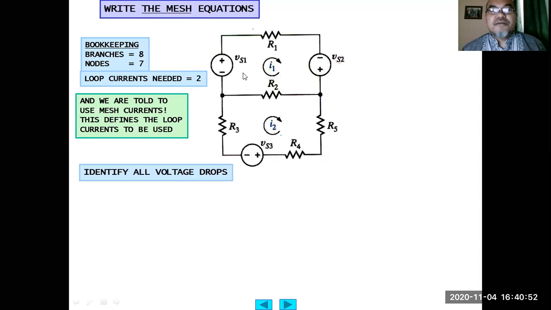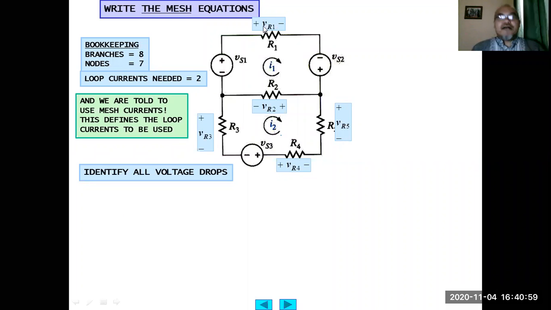Identify all the voltage drops, the R1 here. If you ask how to write which one is positive and negative, at the beginning you can assign them arbitrarily, but later, if you find the result is negative, then you know the polarity should be reversed.